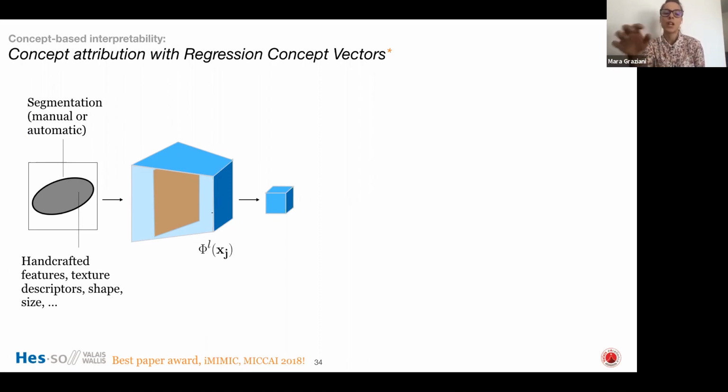But essentially, what we do is we first identify a concept of interest that describes the object that the network should classify, and we extract the descriptor for it. So for example, we could take object size, and we can compute the number of pixels within the segmentation of the objects as a measure of size.